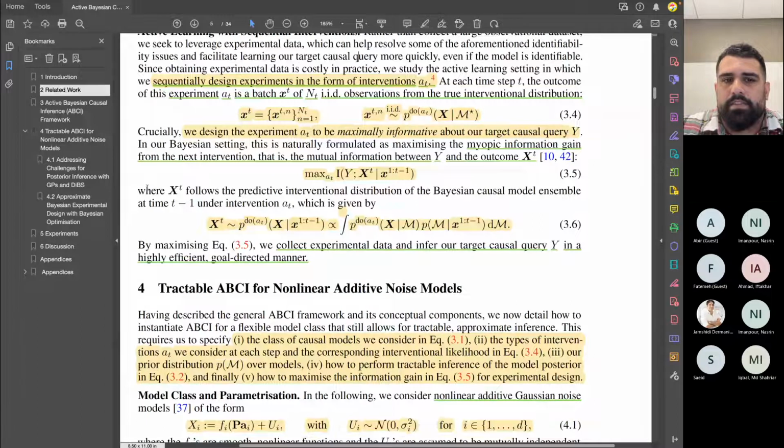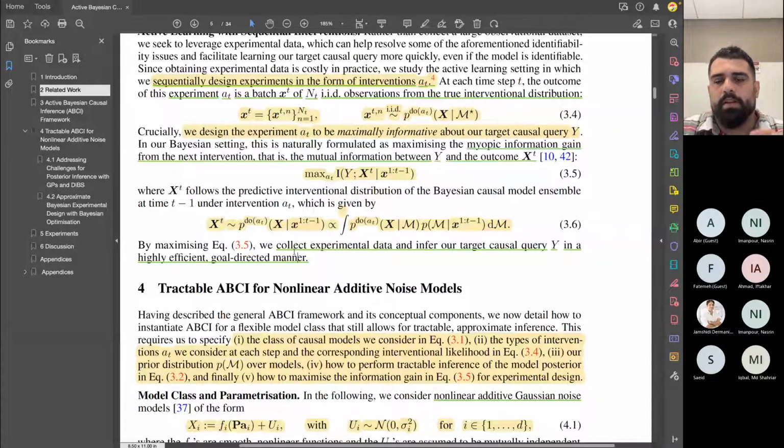And X_t follows the predictive interventional distribution of the Bayesian causal model ensemble at time t minus 1. I may be wrong, but they perform a prediction for the next iteration, and based on that they compare those two, and that's how they obtain this X_t, which helps them in experimental design for the next step.